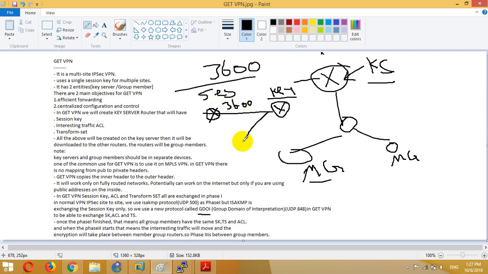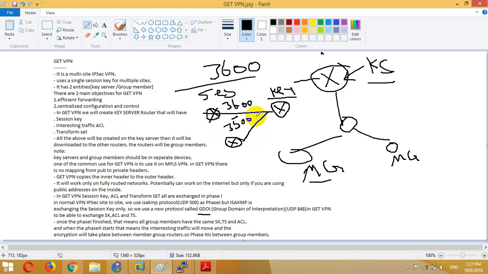But what if after 5 or 10 minutes I configure another group member router? Maybe this will be 3500, the remaining time, because it came 10 minutes later than this one.